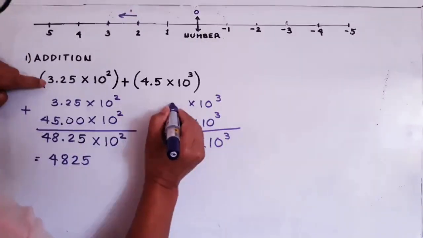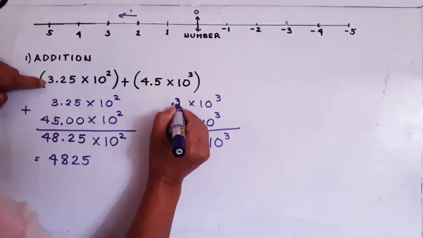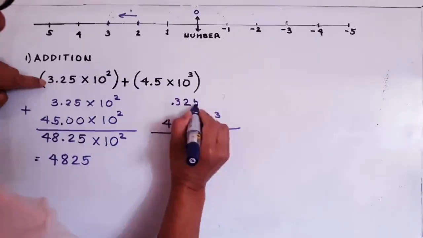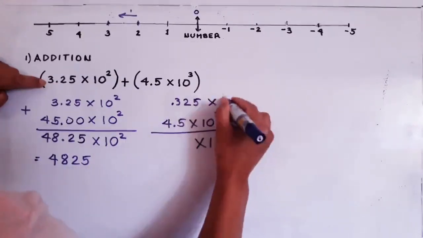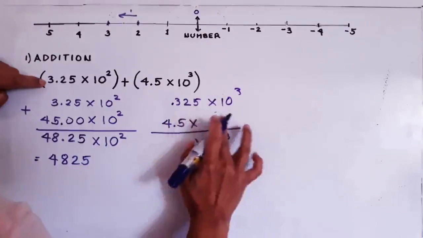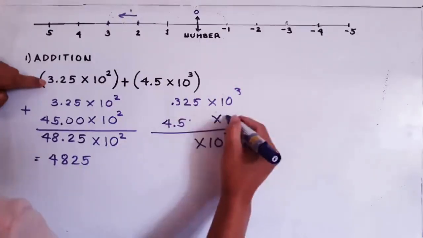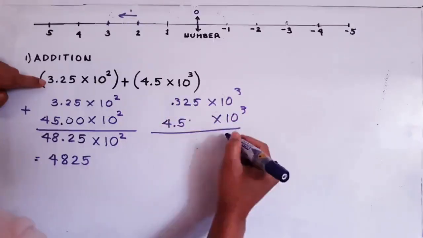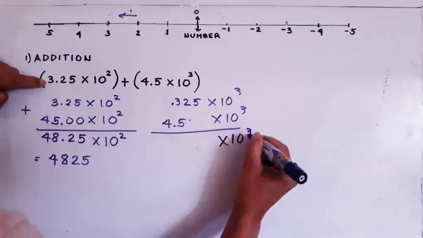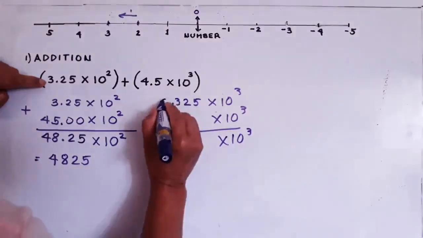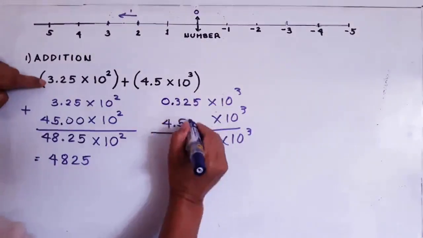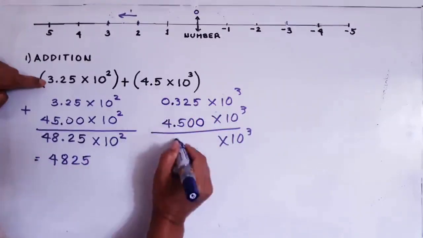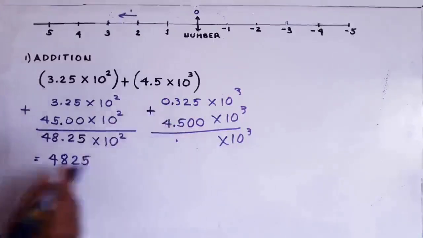So we have 0.325 here, times 10 to the third. I'm going to place here times 10 to the third. So I put the 0 there, and then 0 here, and then 0 here. Decimal point, decimal point, decimal point, and then we add.